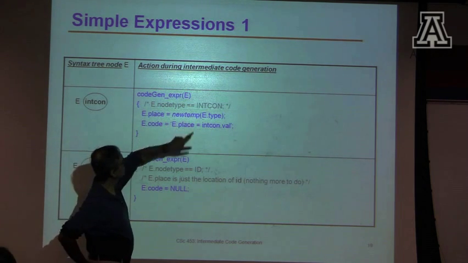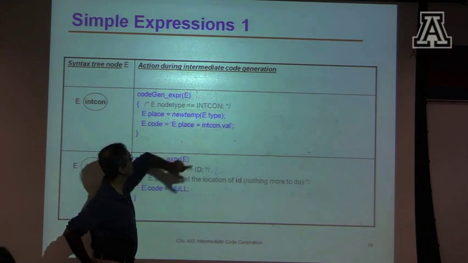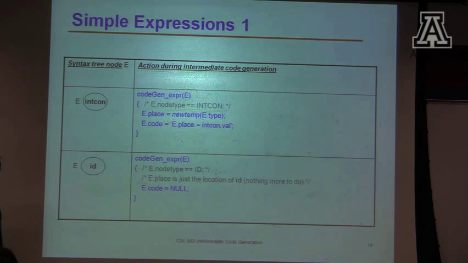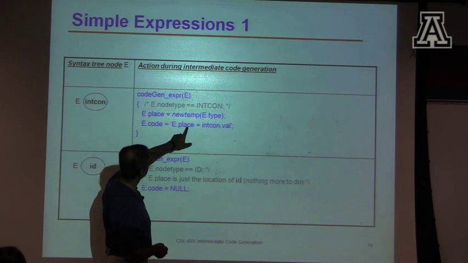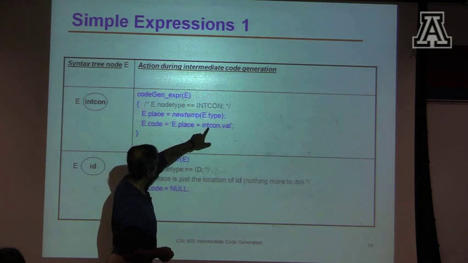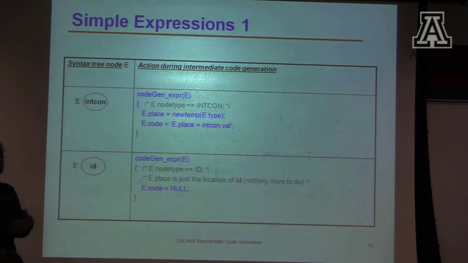So e.place is a new temp, and e.type. Remember, new temp is a function that takes a type as an argument, creates a temporary of that type, which means creates a symbol table entry that has that type, and sticks it in. And then I simply produce the instruction e.place is assigned the value of that integer constant.